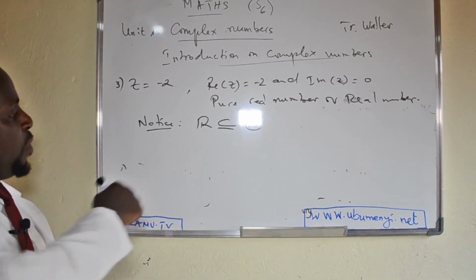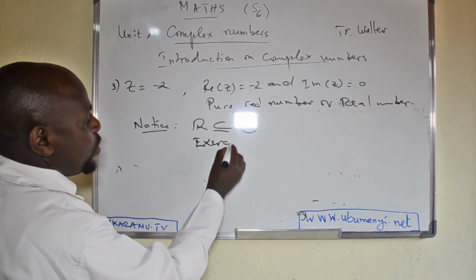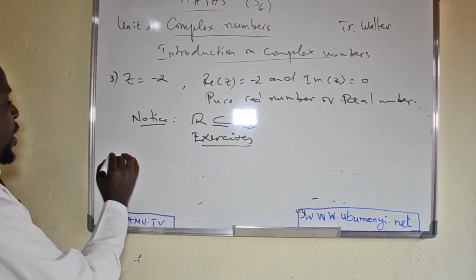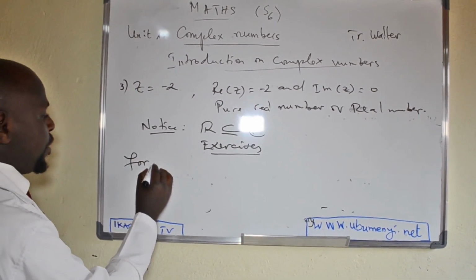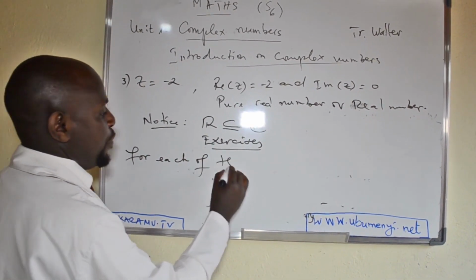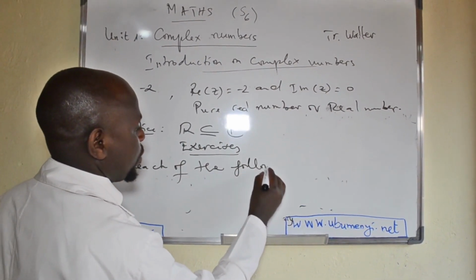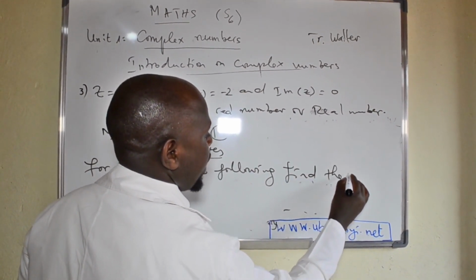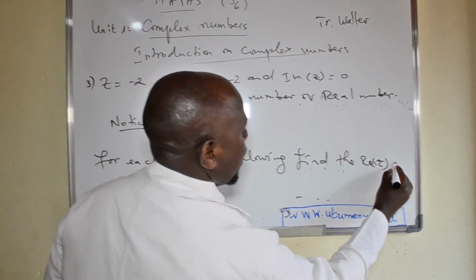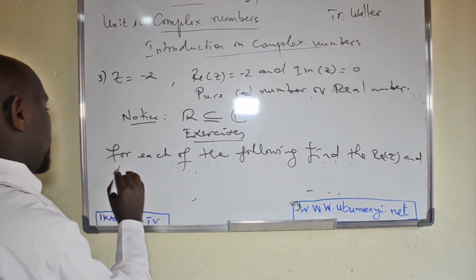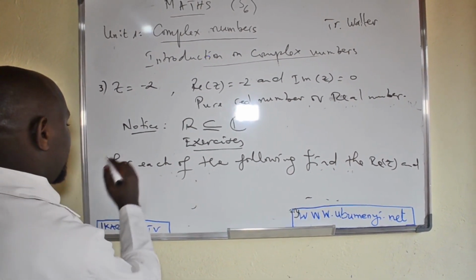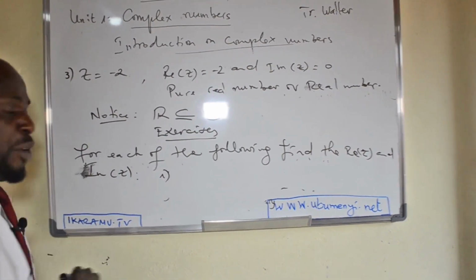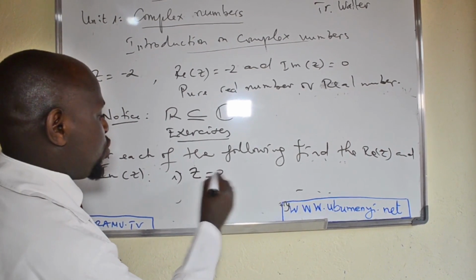I'm going to review with a small exercise. For each of the following, find the real part of Z and the imaginary part of Z. The first one is Z equal to 0.